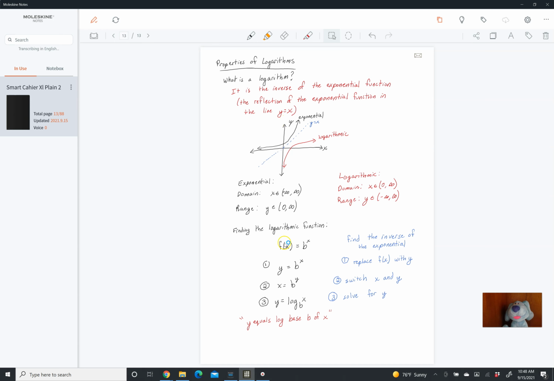This is what it means. Okay? If we identify this, the b is the base. Let me actually rewrite this down here.